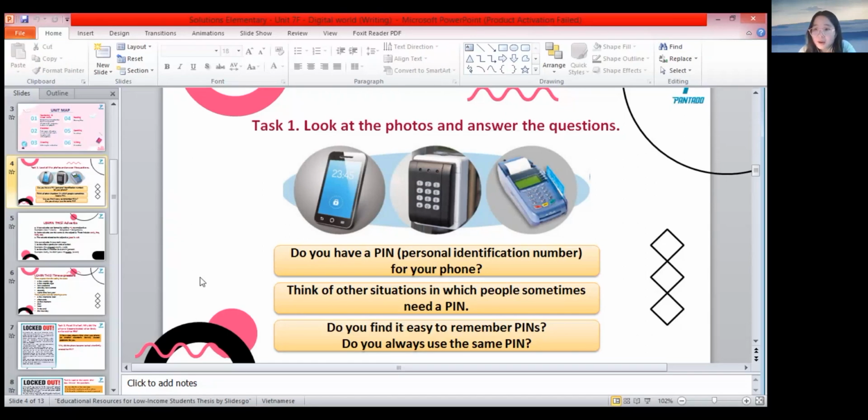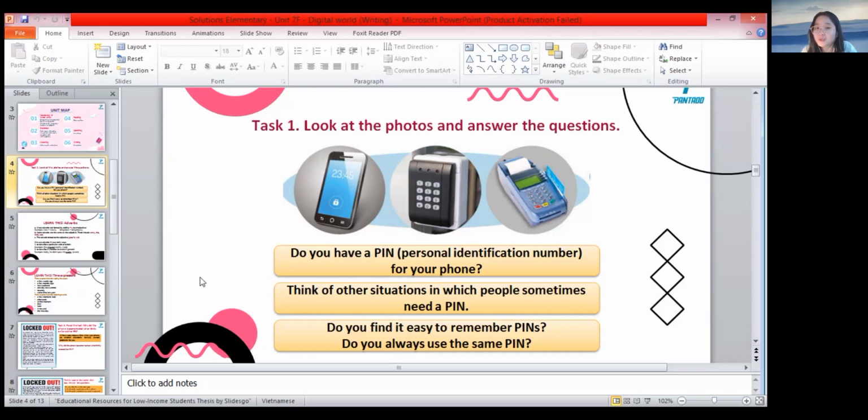So I have to use different PINs, so I have to note them down, because I can't remember. It may be my birthday, it may be my favorite person's birthday, or it may be a random number.